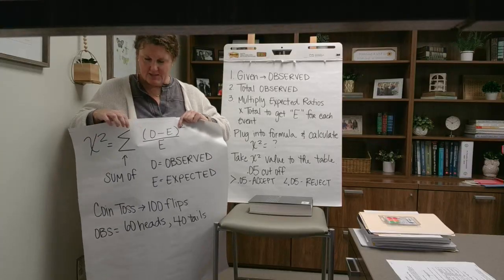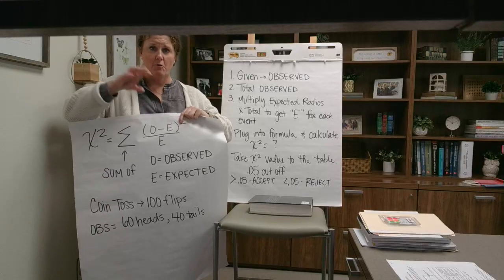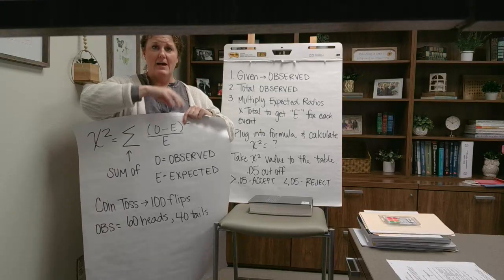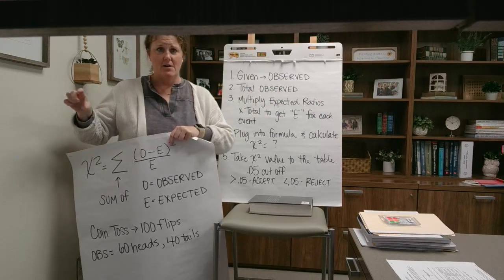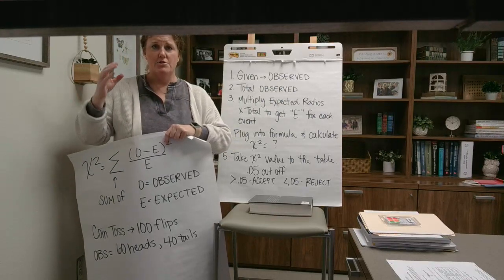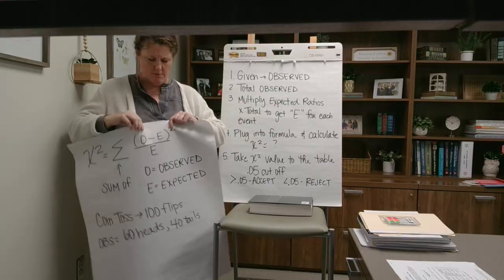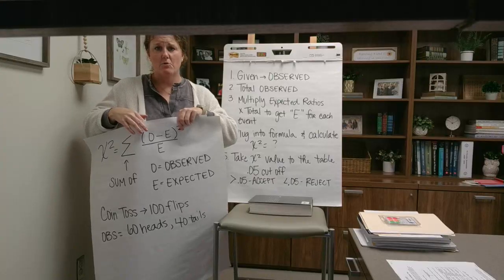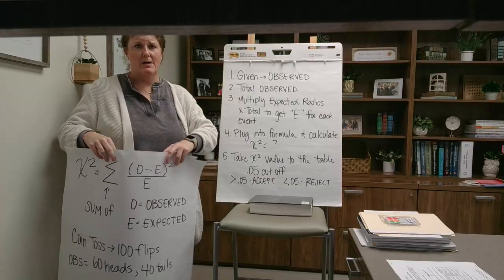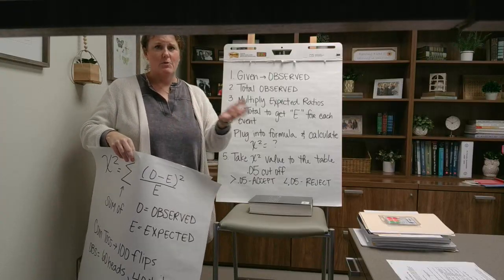And that's why you get this sum of. Okay, so we had 4 events, and you're going to have to add each of those together. I highly encourage you just to plug it all into the calculator in one long problem. Just use the parentheses where you need to, around the observed minus expected squared. And then it will follow the order of operations, and you don't have to worry about getting some weird numbers.